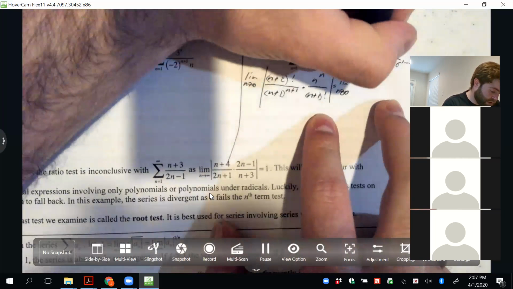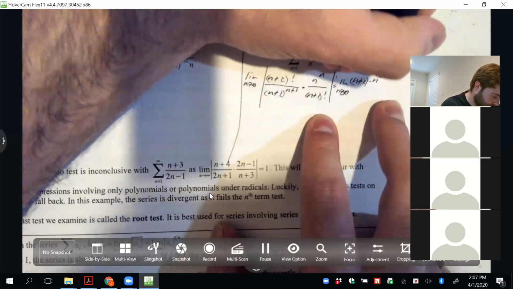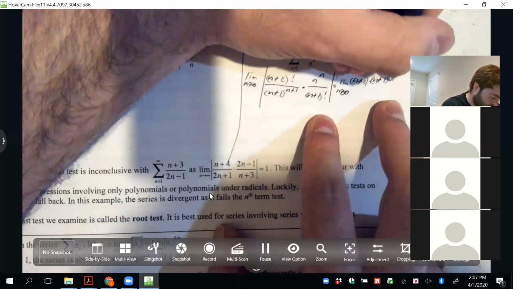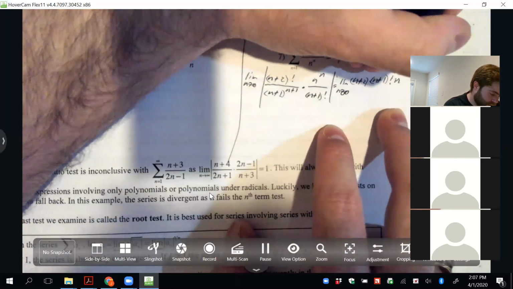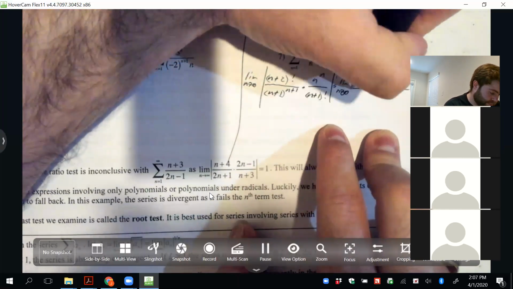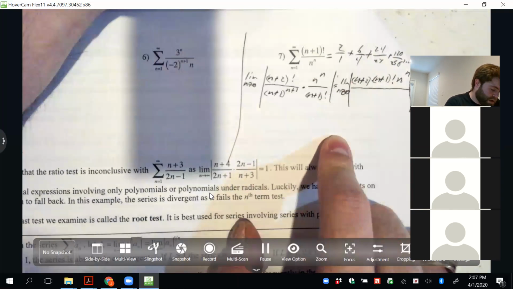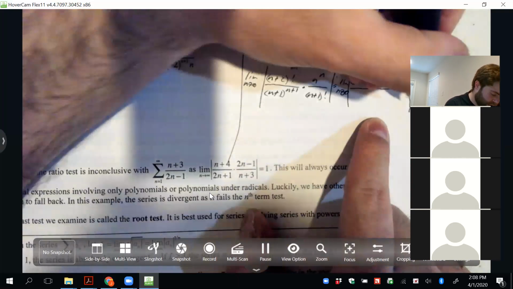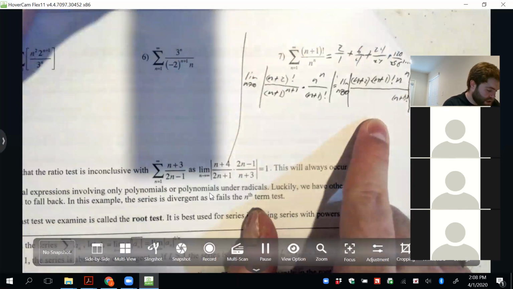I'm just going to pull n plus 2 out of that and multiply it by n plus 1 factorial. And then the other thing on top is still n to the n power. Okay, then on bottom, we still have n plus 1 factorial over there.